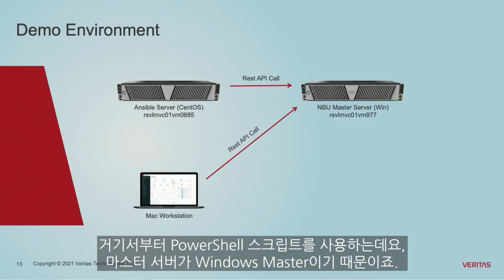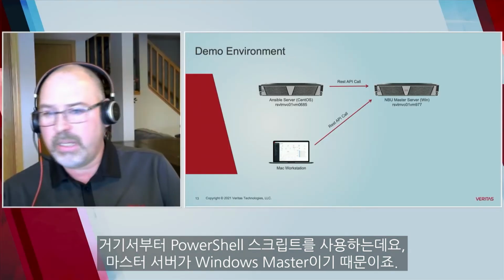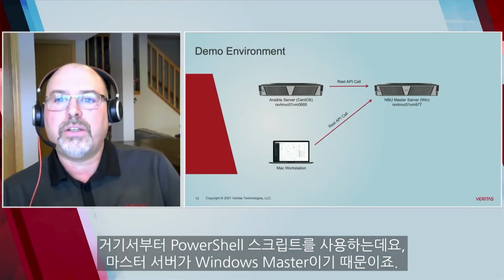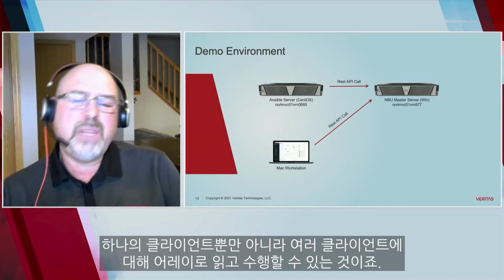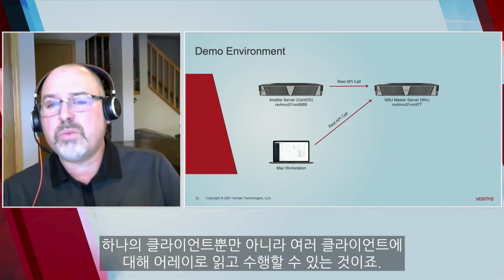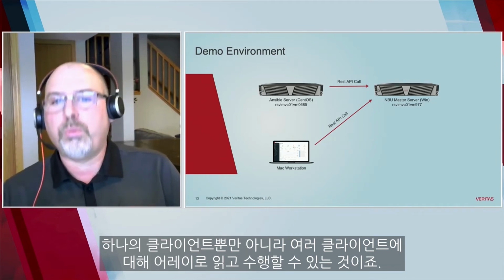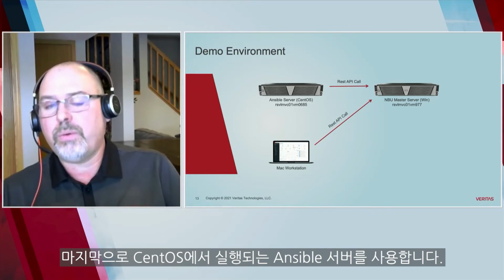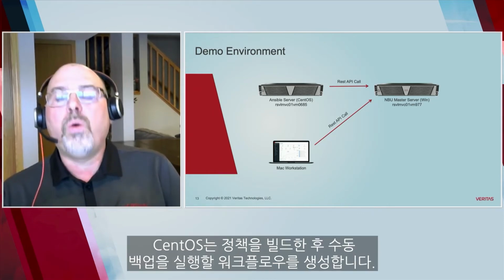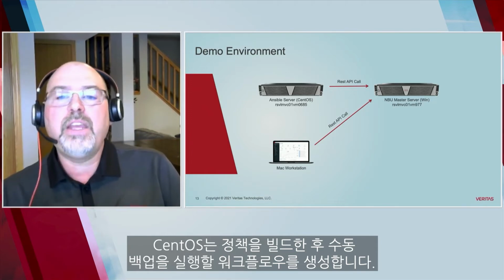And from there, because it is a Windows master, we're going to use a PowerShell script to create exclude lists for our client. And not only could it be done for one client, we could, for instance, read in an array and do it for multiple clients. And then finally, we're going to use an Ansible server running on CentOS that's going to create a workflow where we're going to build a policy and then run that manual backup.